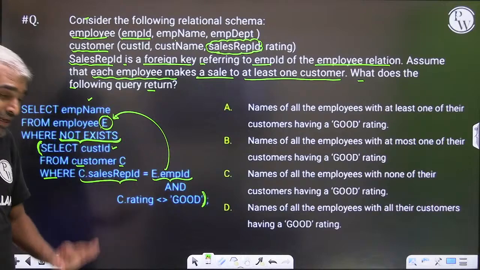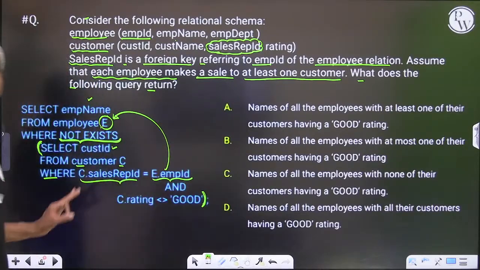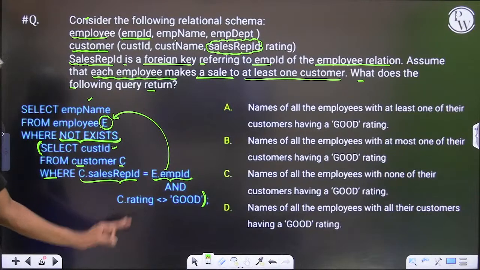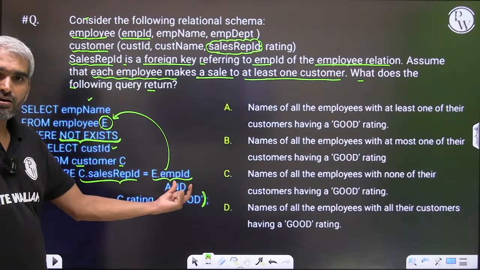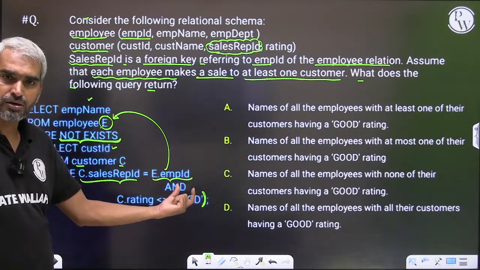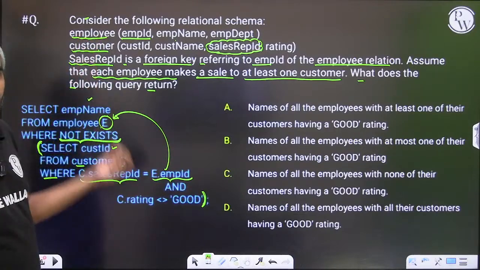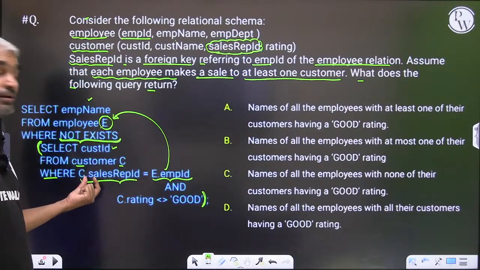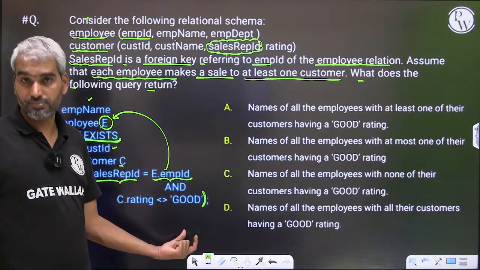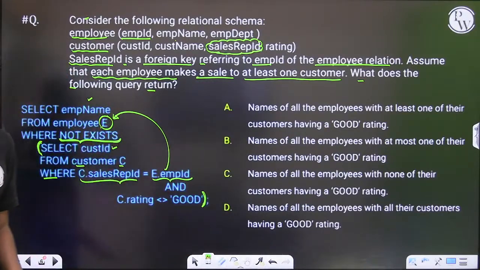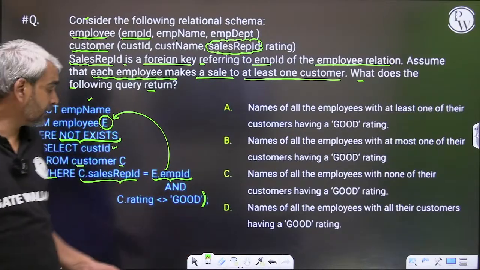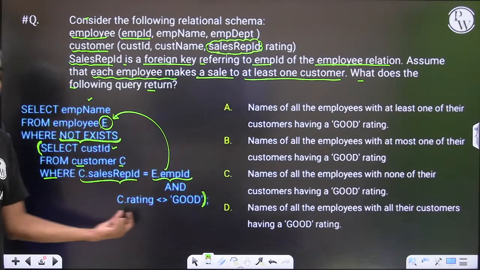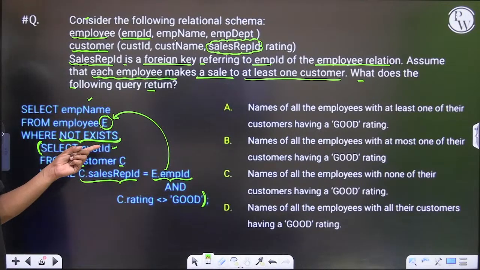If there is any tuple in the customer table where the employee ID is the same as the representative ID, and the rating is not good in any of those tuples, then the employee who has been given a bad rating by a customer will not get selected.